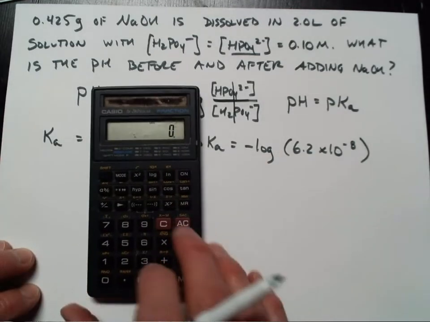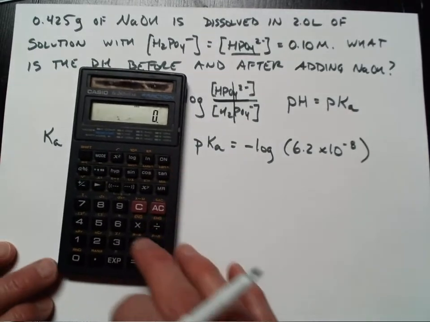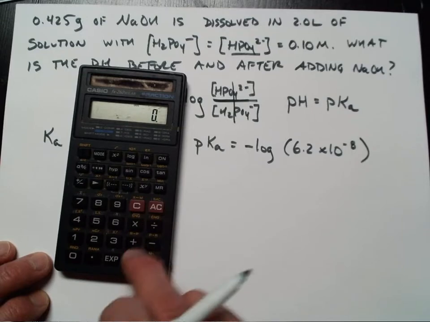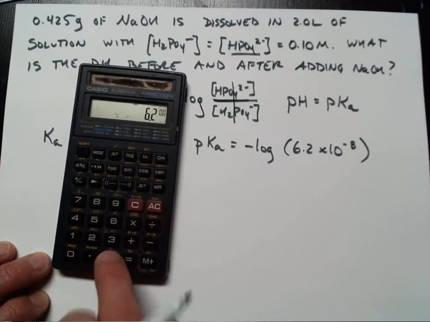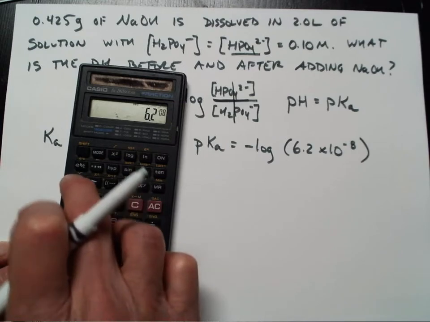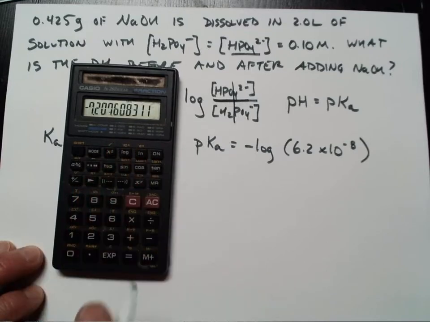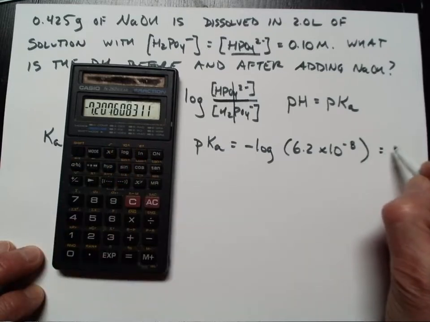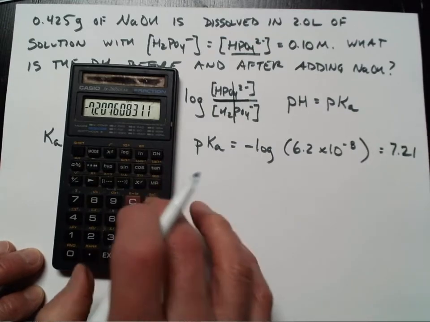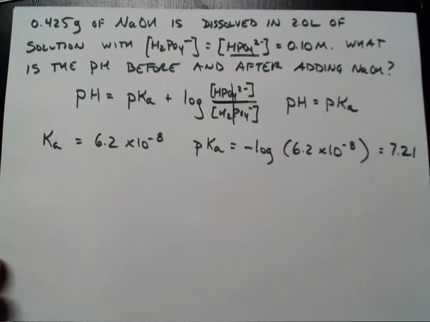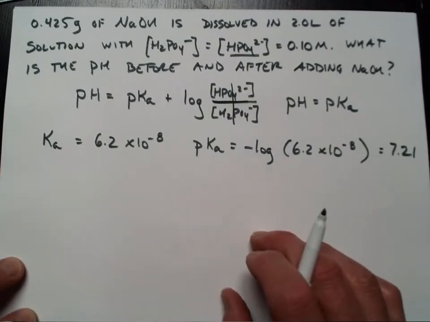Let's see what it is exactly. 6.2 times 10 to the negative 8, take the log of that, and it's 7.21. That's going to be the pH prior to adding any acid or base.